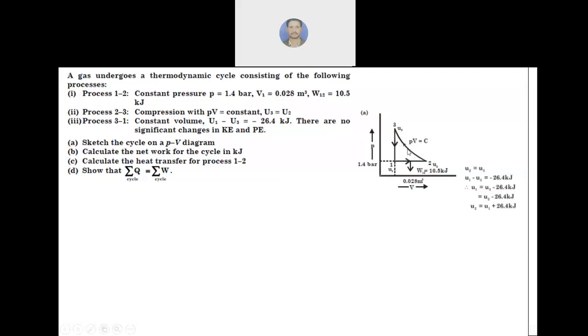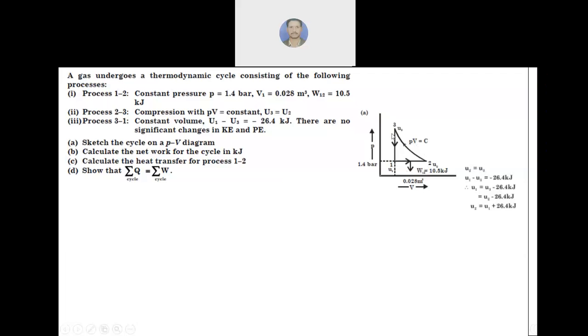Now come to next process, process 3 1. It is constant volume. Means state 3 and state 1 volume will be same. So from 1, draw a constant volume line, straight line. Where this will cross this curve, point this as point 3. So this is your PV diagram.